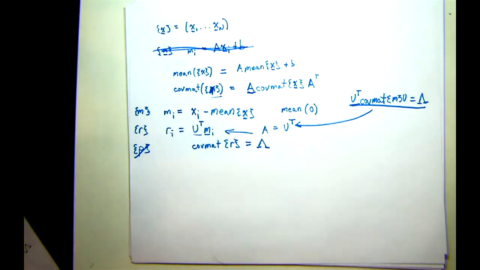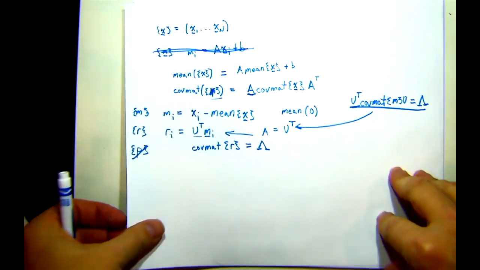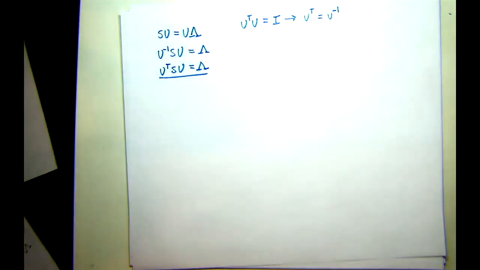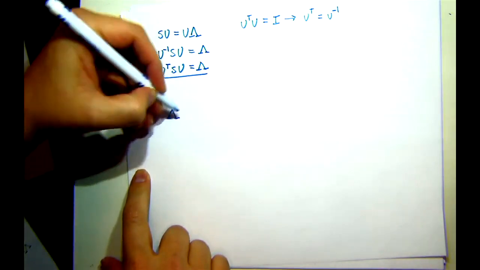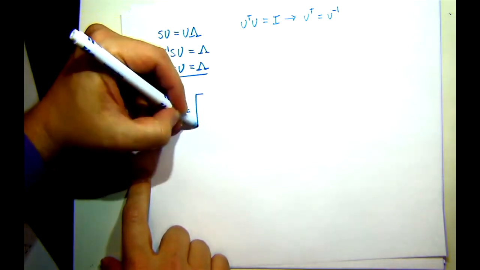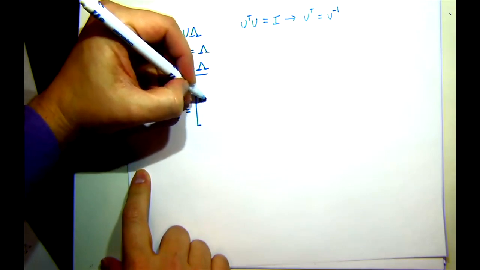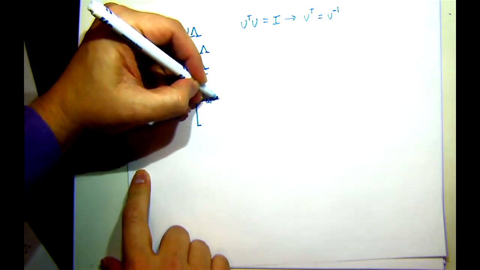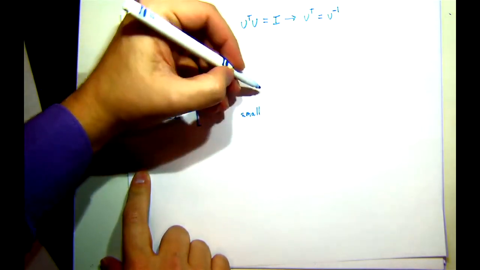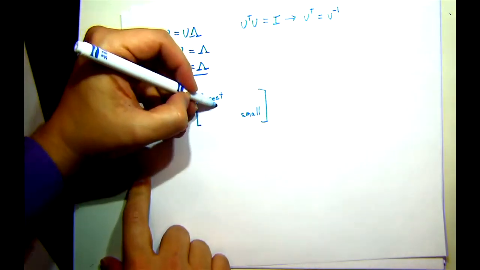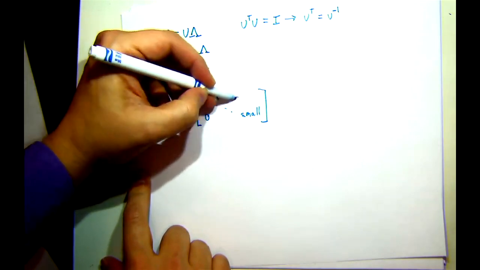Now, I want to keep this page because we're going to keep moving along on that page. But if we were to look at that covariance matrix, remember we set it up so the biggest were up here, the smallest were down here, and everything else was 0.